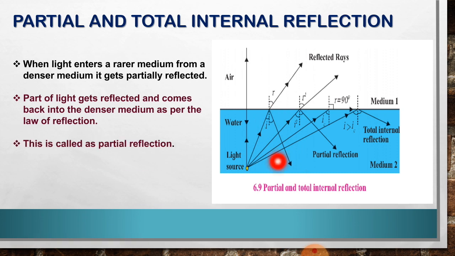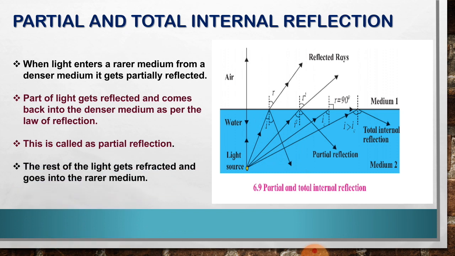So this is called as what? A partial reflection. Okay, and the rest of the light gets refracted and goes into the rarer medium. You can see over here, this is the light. Half of the light bounces back into the same medium, that is the denser medium, and half of the light gets refracted and goes into the rarer medium.